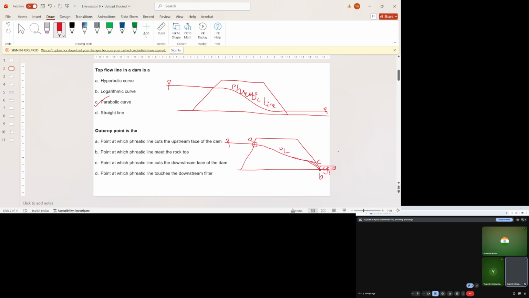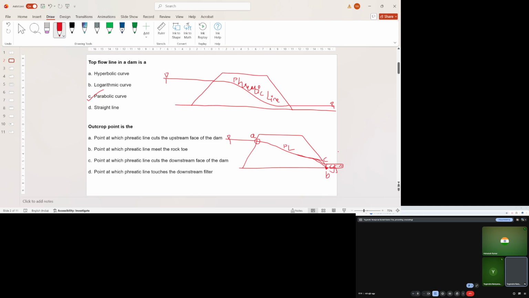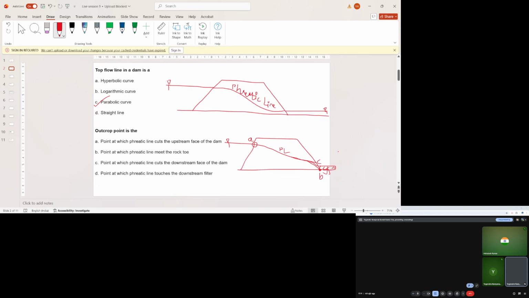So which is the outcrop point? Any guesses? Any idea?